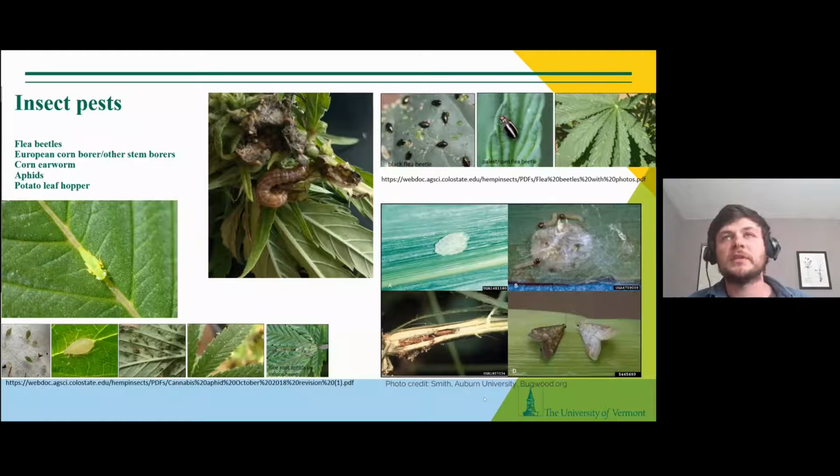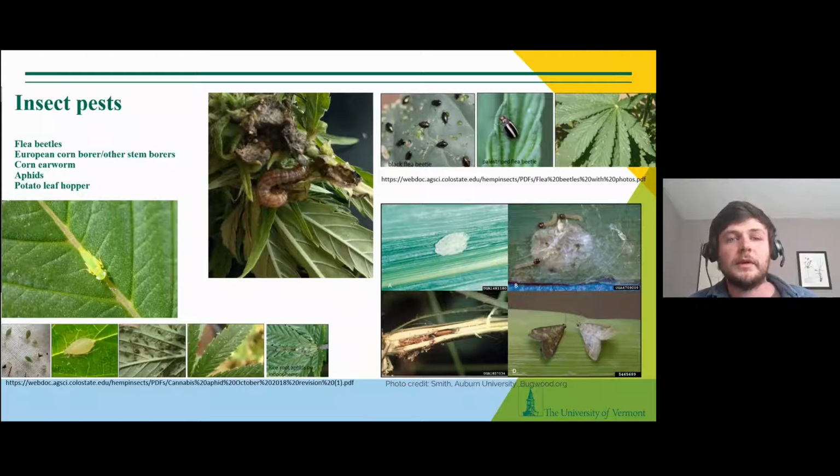A few of the things that we've seen at our research farm have been flea beetles, corn borer, earworms, aphids, and leafhoppers. This is observed through part of our weekly scouting for all these different pests.